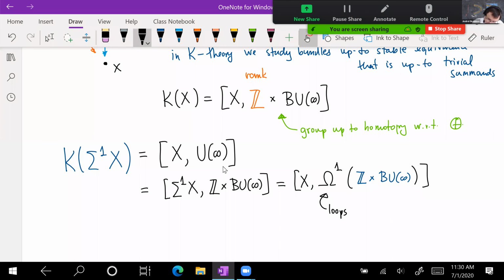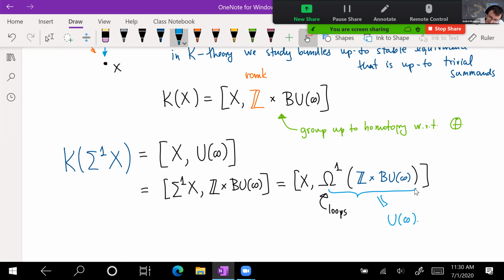And so for any X, the maps here and the maps there are the same, but in fact these are just homotopy equivalent to U infinity, this whole loops. And it's a general principle: if I have loops in the classifying space, that's the same as my original group. This is a good exercise to do.